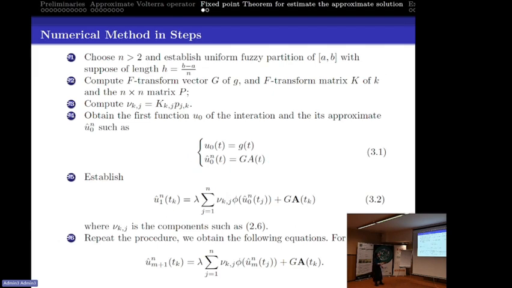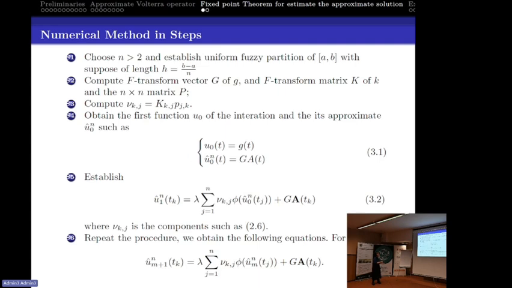Okay, here is to find the partition. The first step is find the partition. The second step is the fuzzy transform and compute the new KG. In the Fishbone theorem, we choose the first function u0 to be gt, because here only gt is a given function that we know, so we choose it as the first function, and we use the approximation, of course.